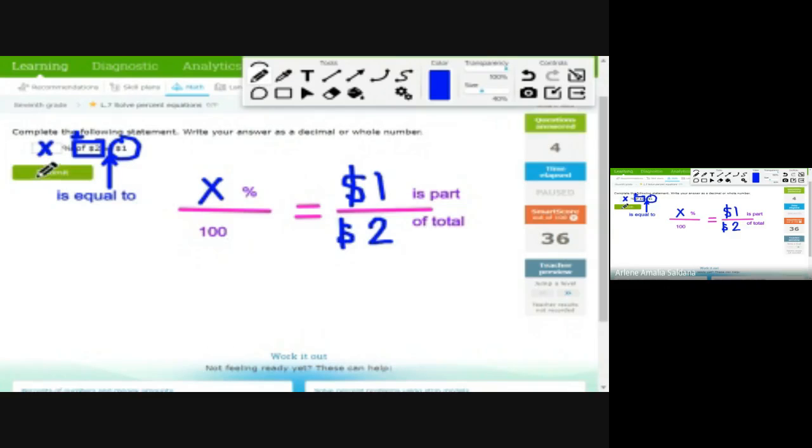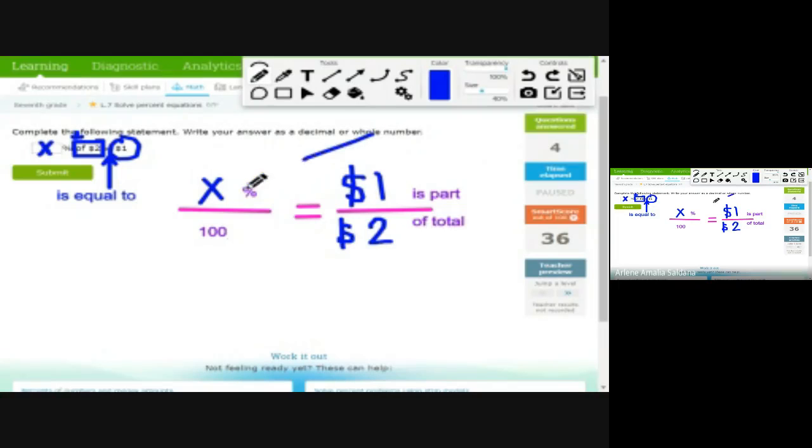We read it the same as this: X percent is part of the total. So these two keyword phrases can be used to find what number we're going to put where. In this case, the dollar was a part and the $2 is a total.